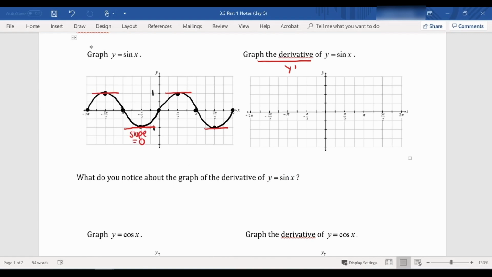What that means is y prime is 0 at x equals negative 3 pi over 2, negative pi over 2, pi over 2, 3 pi over 2, etc. So we can put a y value of 0 on our graph of our derivative at all these pi over 2 values.